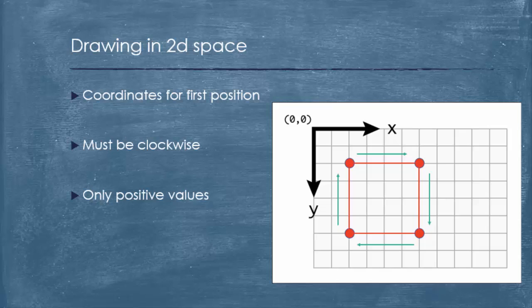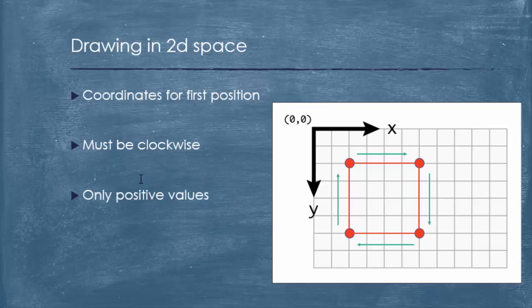How does it apply to geometry, so joining 2D spaces? The coordinate for the first position here, I've made it 2, 2, so 2 across on x, 2 down on y. You must connect the vertices in a clockwise manner. So, follow the arrows.